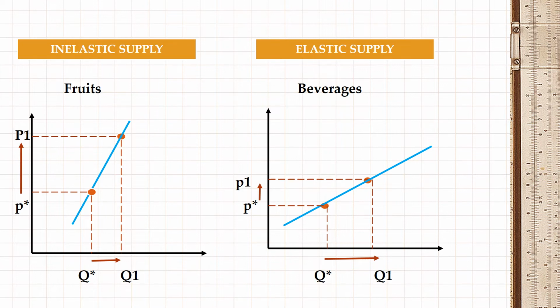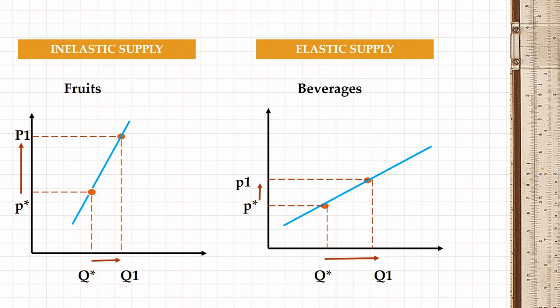So coming towards another case, which is elastic supply. Generally supply is elastic for goods which have a lot of substitutes, or when you're talking about different brands offering the same commodities, even for manufacturing commodities, which you just manufacture via plants, tools, equipment, machinery. There you can control the supply. So here I'm analyzing the market of beverages, let's say Coke, Pepsi, Fanta.